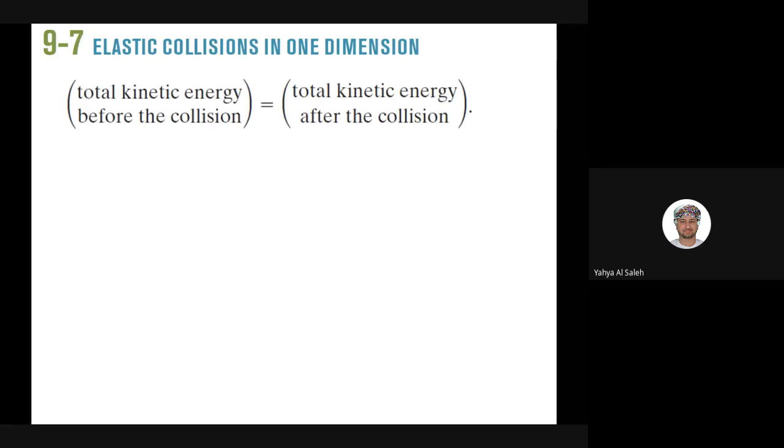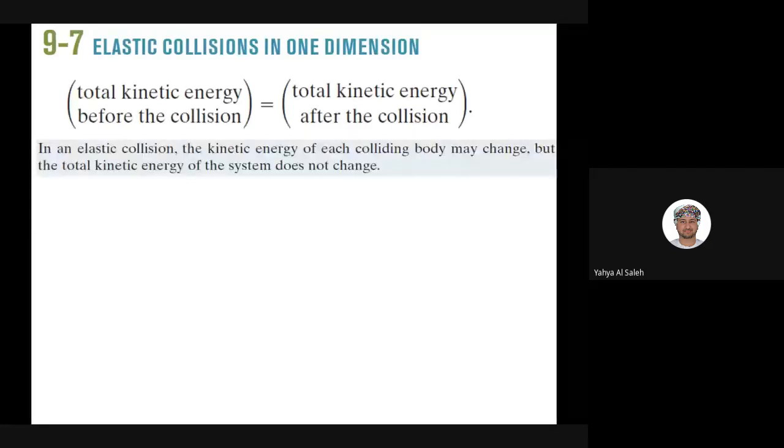Now be very careful. Here we are talking about conservation of kinetic energy in elastic collisions. But at all times we have conservation of total energy. So in the bullet example, we were not conserving kinetic energy, but we were conserving total energy. In an elastic collision, the kinetic energy of each body may change, but the total kinetic energy of the system does not change.